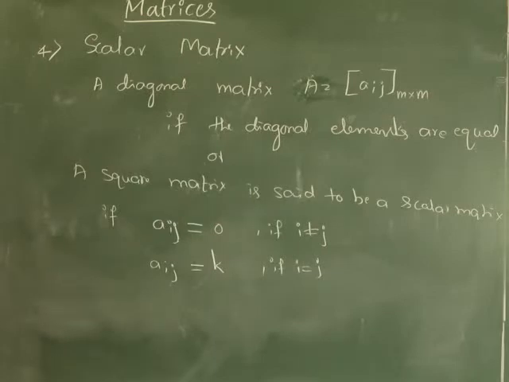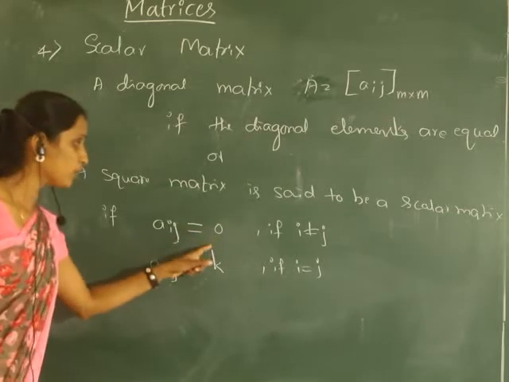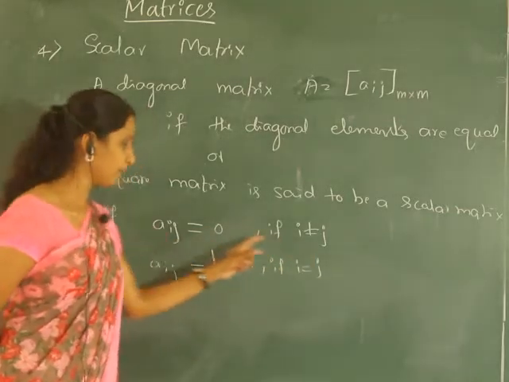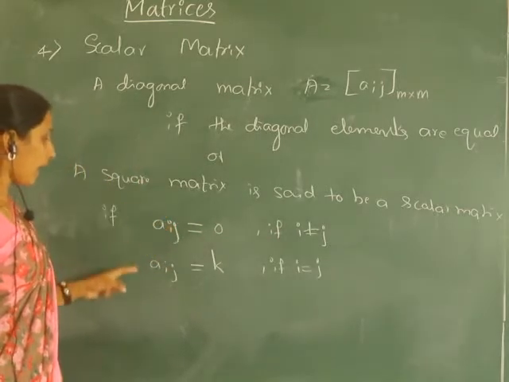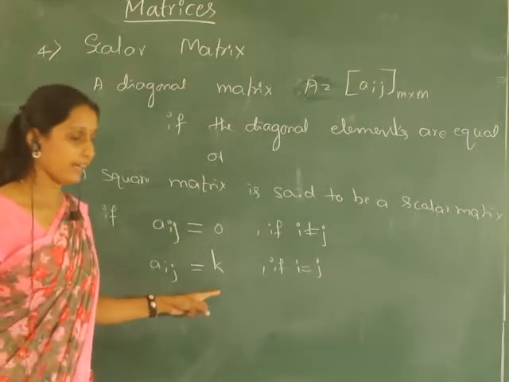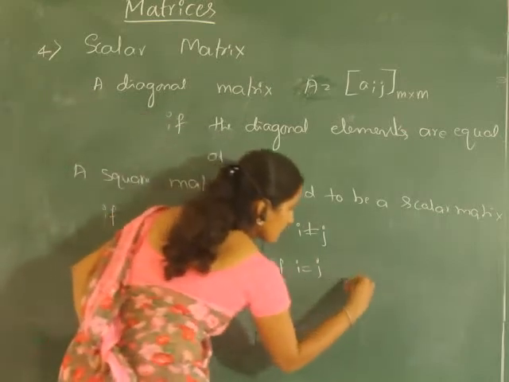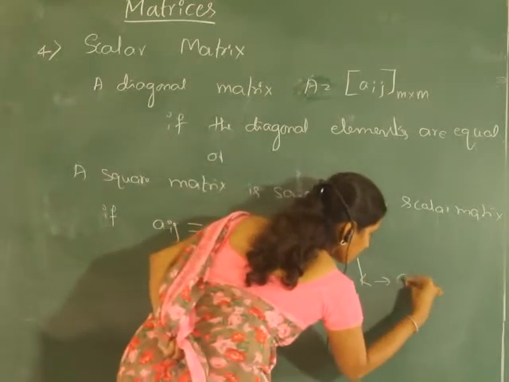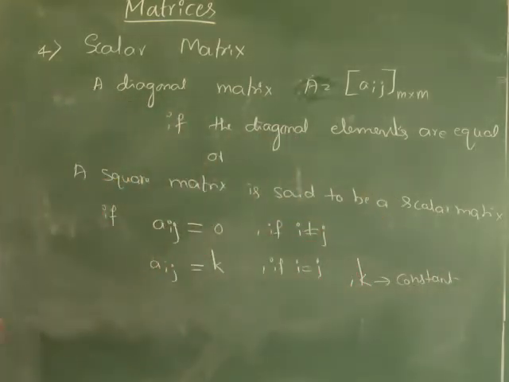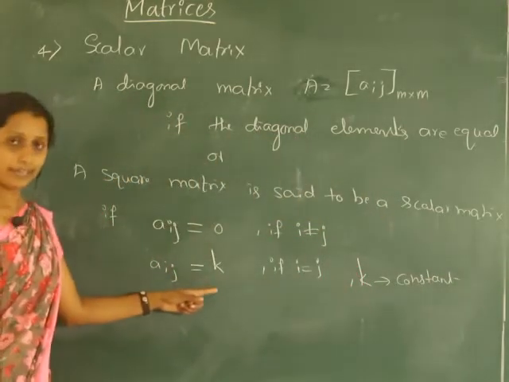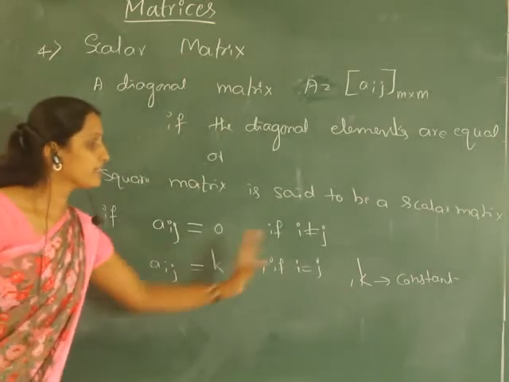Aij equal to 0 if i is not equal to j, that means the non-diagonal elements are zeros in a square matrix. And Aij equal to k, where k is any constant, if i is equal to j.